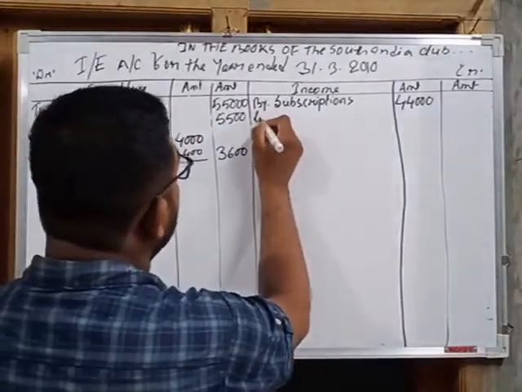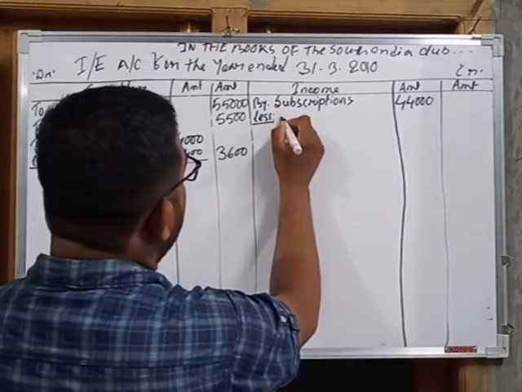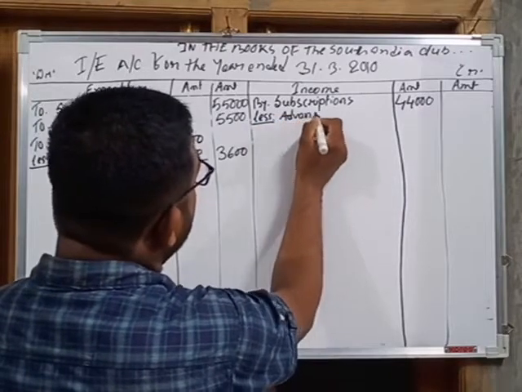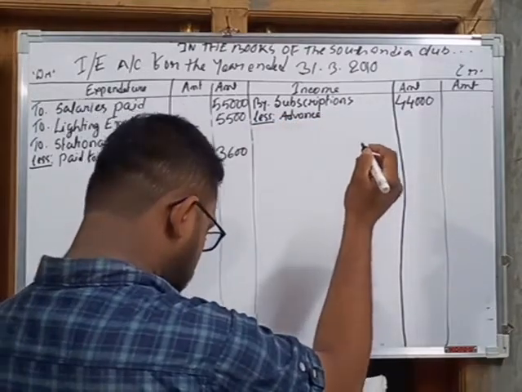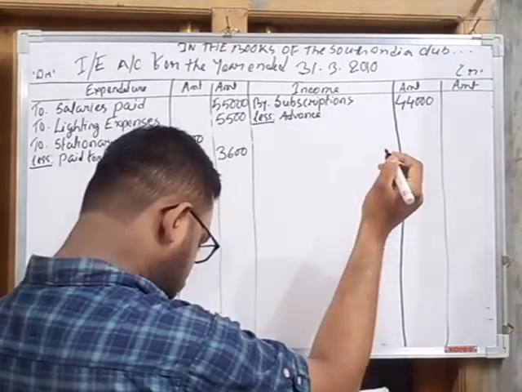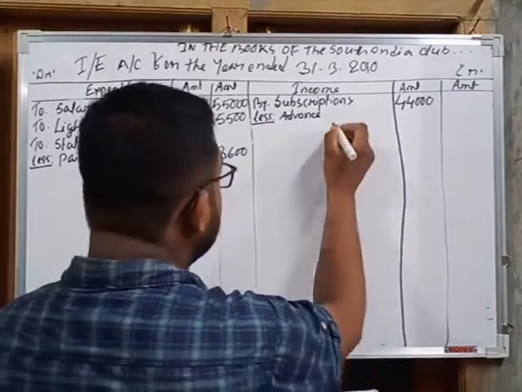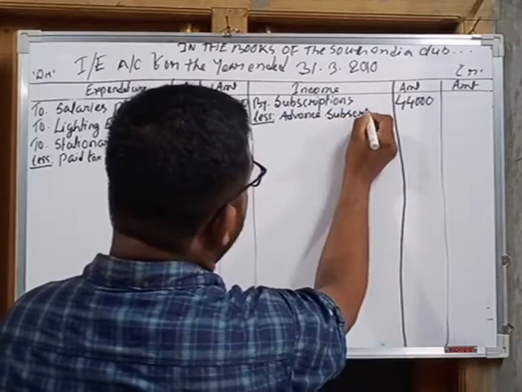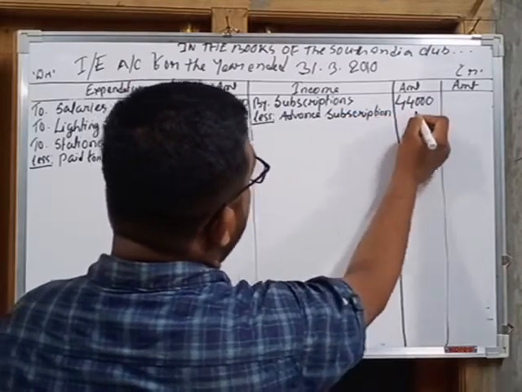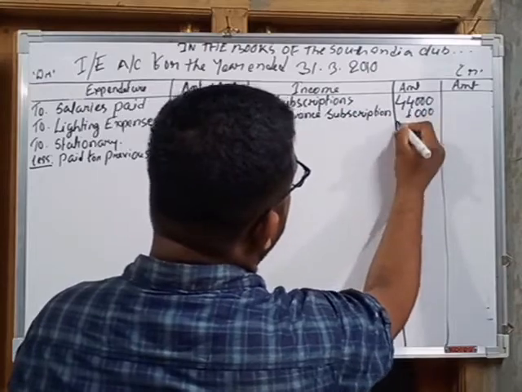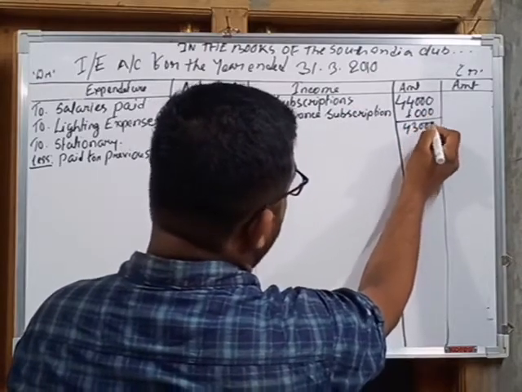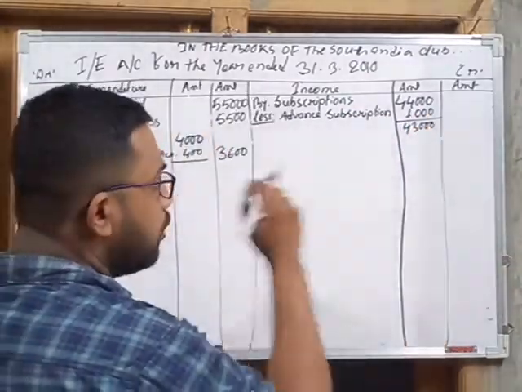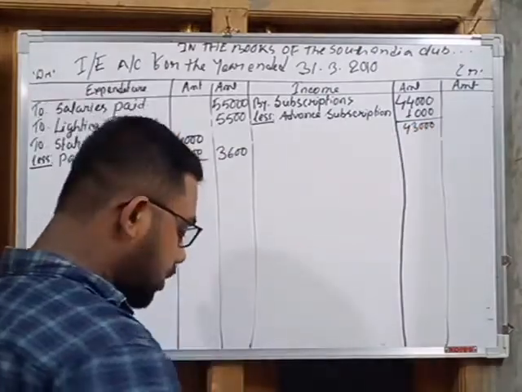so we have to deduct that item. Less advance subscription, 1,000. Okay, 43,000. Okay, there are some other adjustments, so I have written it in the inner column. What is the next item?